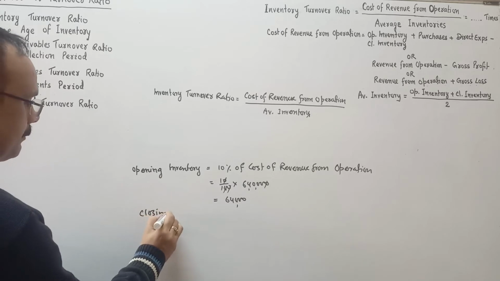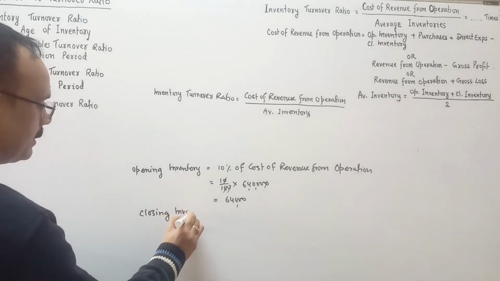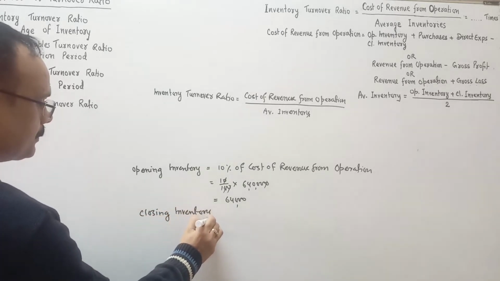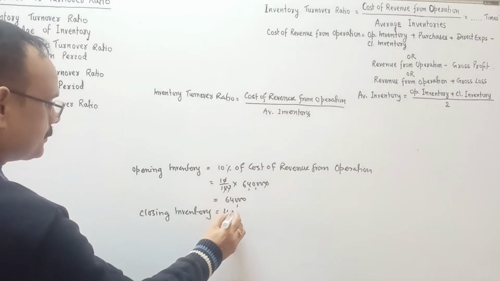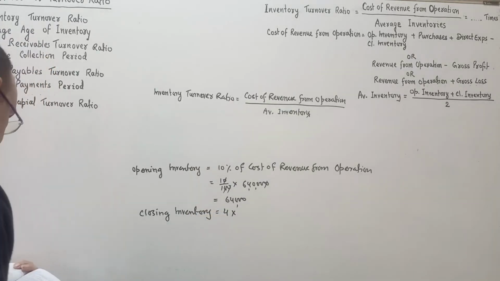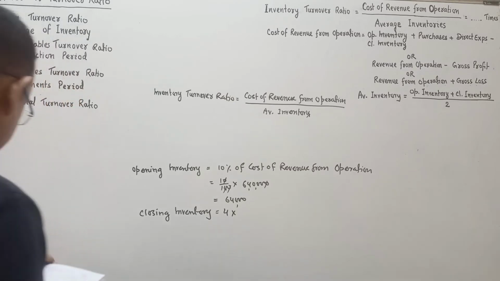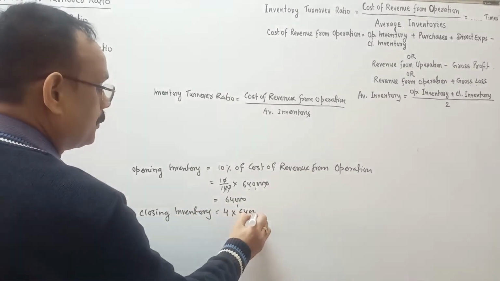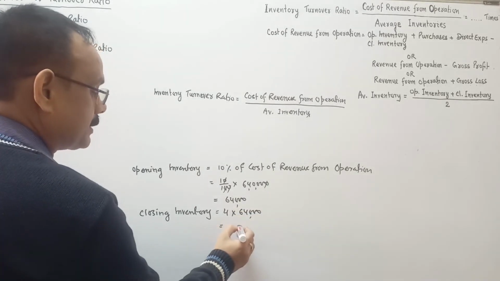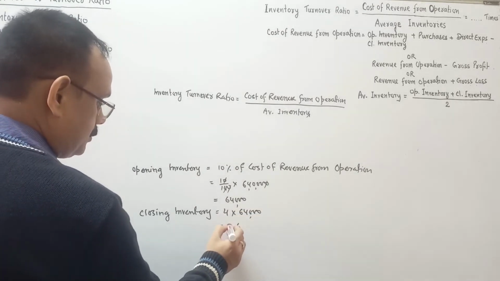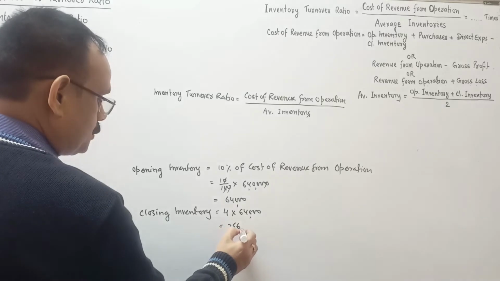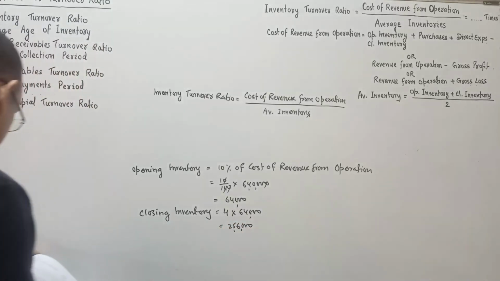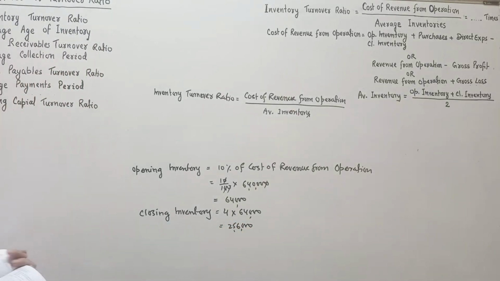About the closing inventory, it is mentioned that it is 4 times the opening inventory. Opening inventory is 64,000, so 4 into 64,000 is 2,56,000. 2,56,000 is your closing inventory.